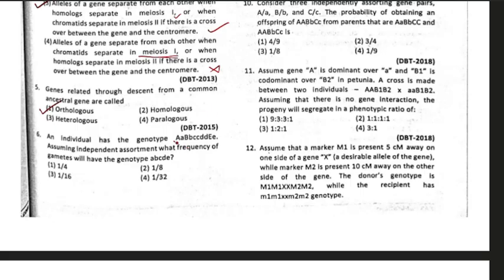From this genotype we have to prepare all the gametes. The chance of small a from capital A small a is half. The chance of small b from capital B small b is half. The chance of small c and small d from small c and small d is 1 and 1, and the chance of small e from capital E small e is again half. So the resultant is 1 by 8, and that is the answer, option 2.